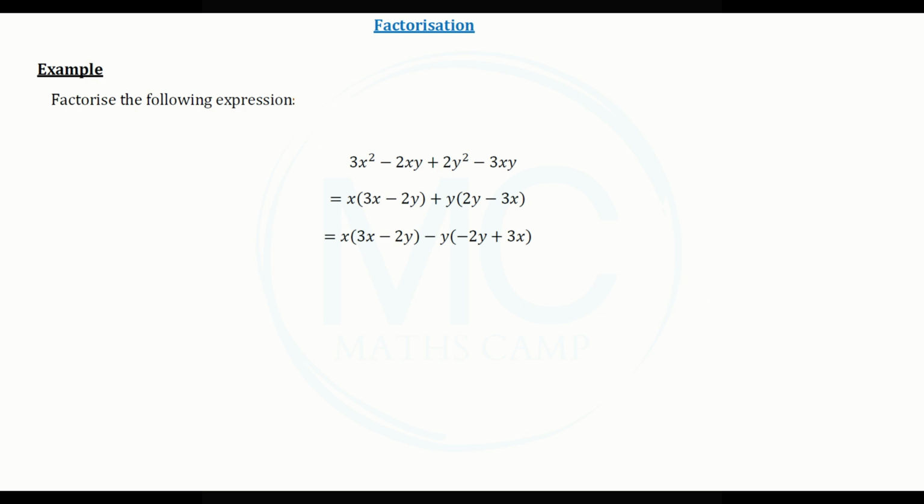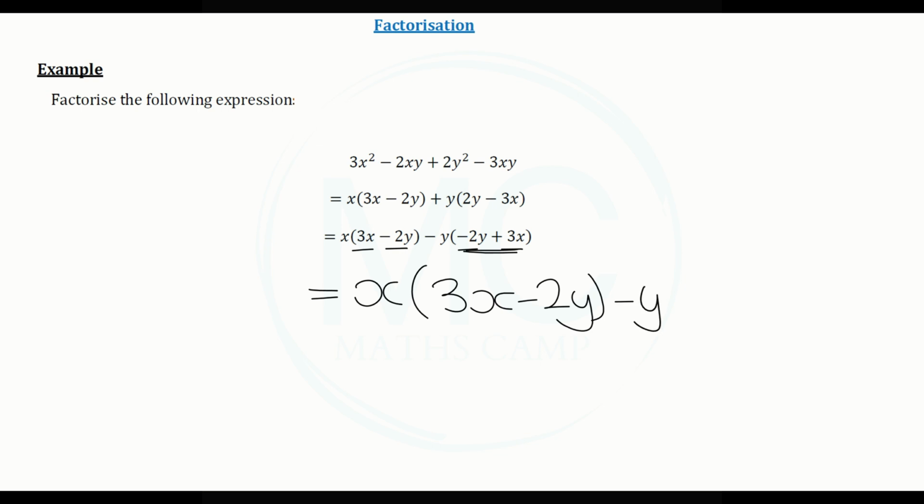Now we have positive 3x here and here, and negative 2y here and here. So let's change the order of the terms in the second bracket. And we have x, open bracket, 3x minus 2y, close our bracket, minus y, open bracket. Let's put 3x first, followed by negative 2y.